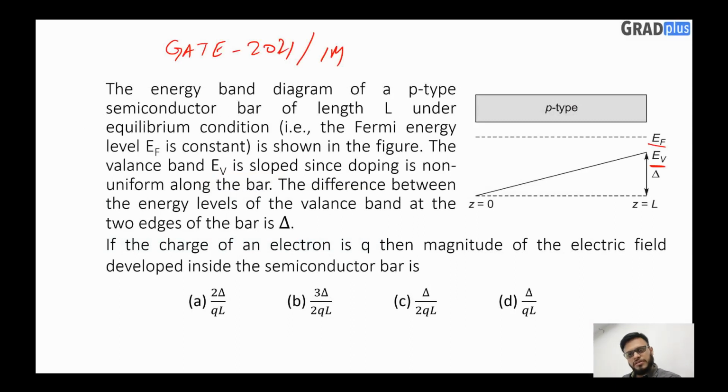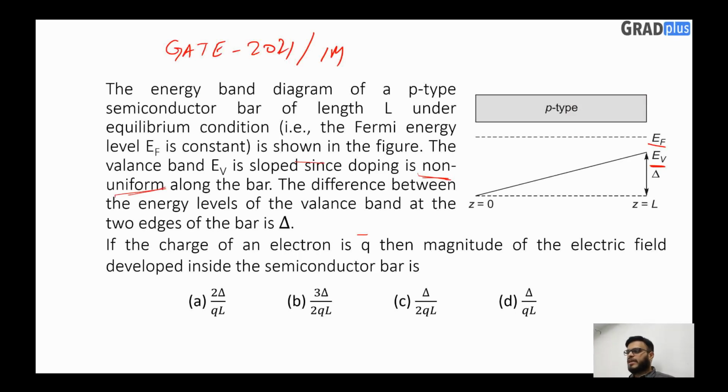Why is it changing? It is given further that the doping of the p-type semiconductor is not uniform, it is a non-uniform doping along the length of the bar.